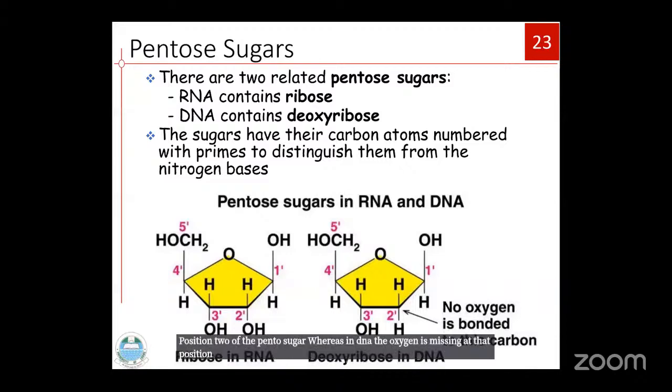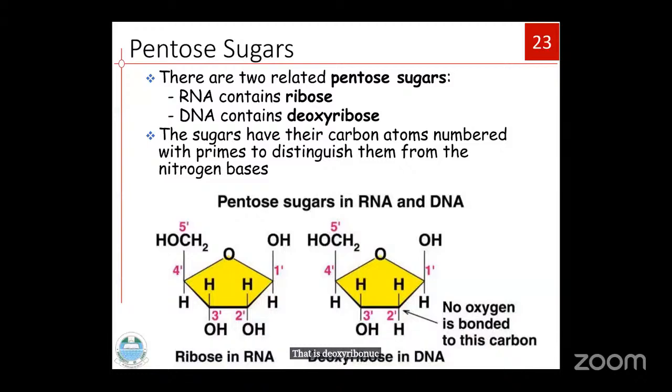That is where we say it is deoxy, that is, an oxygen atom has been removed in that particular position. That is carbon 2 of the pentose sugar. That is deoxyribonucleic acid, and RNA is ribonucleic acid. That is, RNA has a ribose sugar and DNA has a deoxyribose sugar.